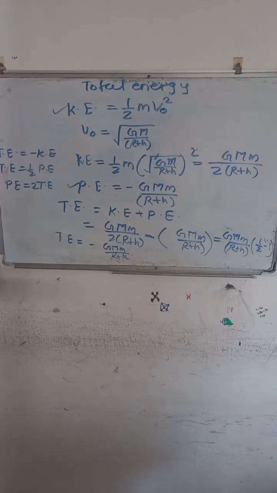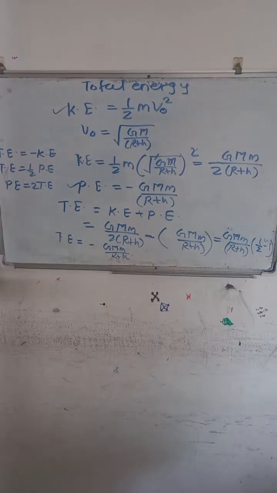So write down one question. First take the screenshot. After taking the screenshot, then write down the question. The total energy of a satellite is minus 100 joule.